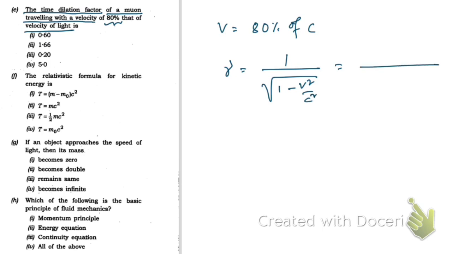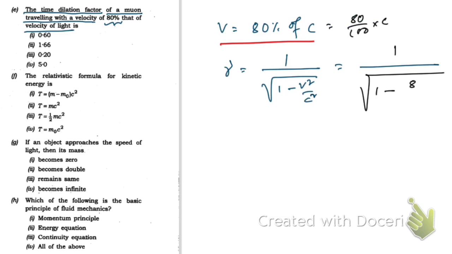Now if we use this information here, v is 80% of c, means 80 by 100 into c, that's going to be 0.8c. So let's put here 0.8c by c, the whole square.